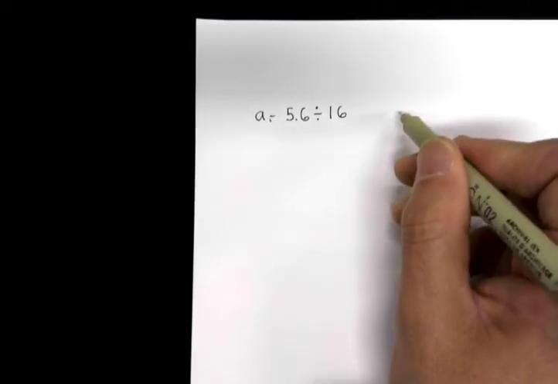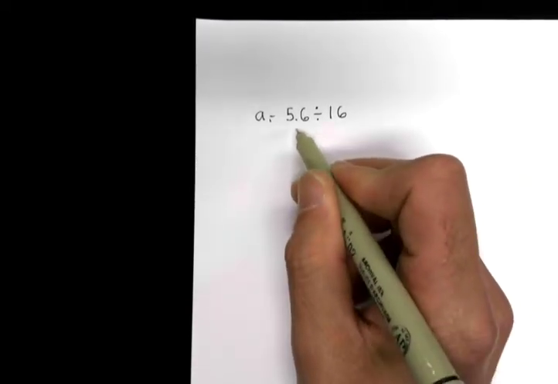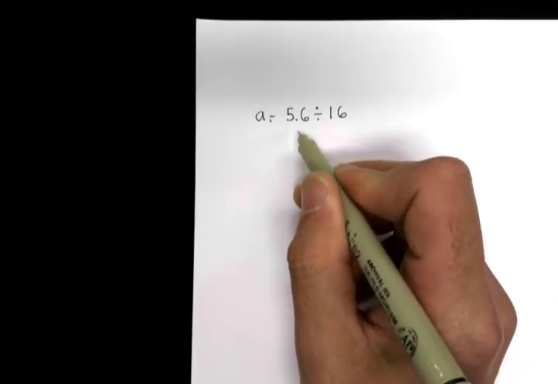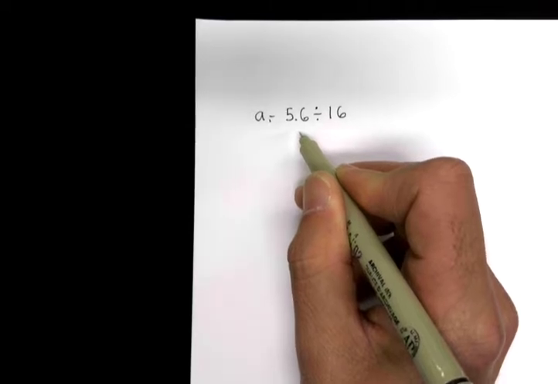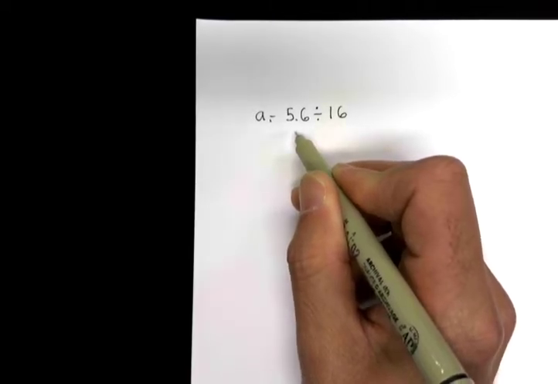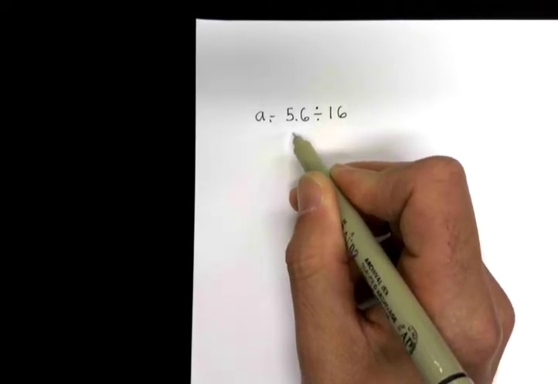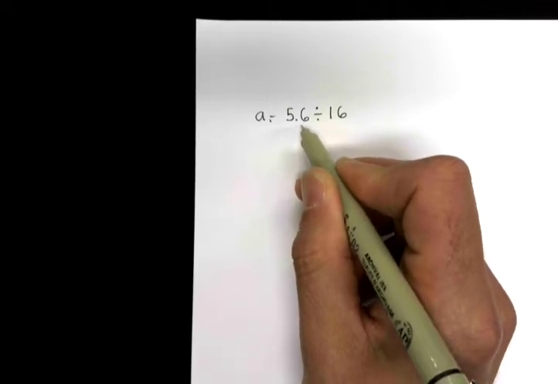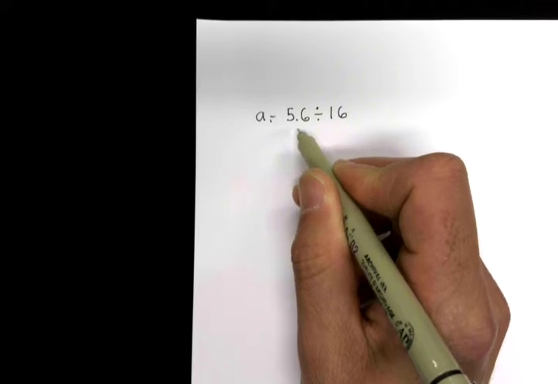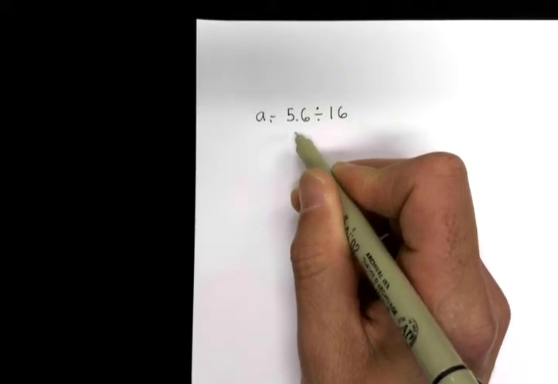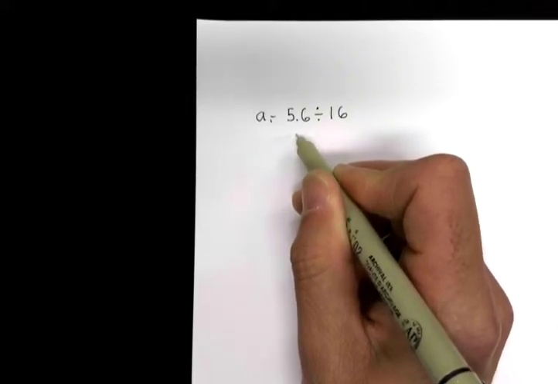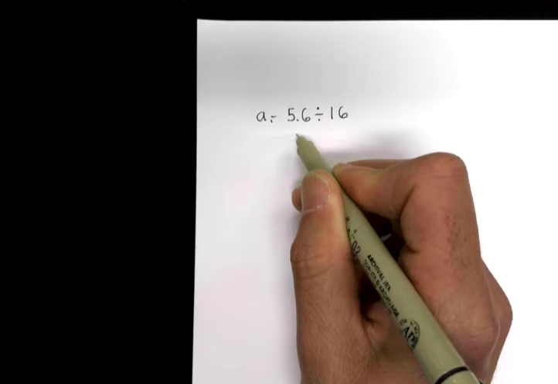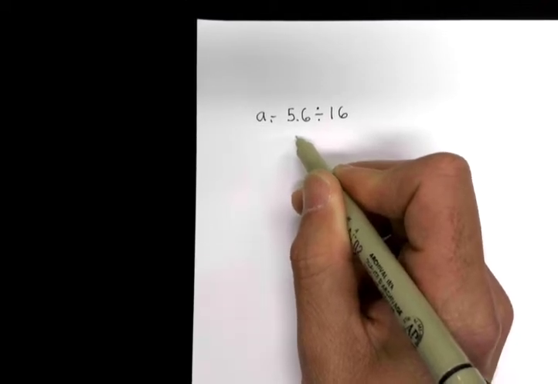Okay, number one, you have to make sure that you can do estimation just to check in your head. It shouldn't be that difficult. I'm thinking 5.6 could be 6 or it could be 10, I just want to make it easy.